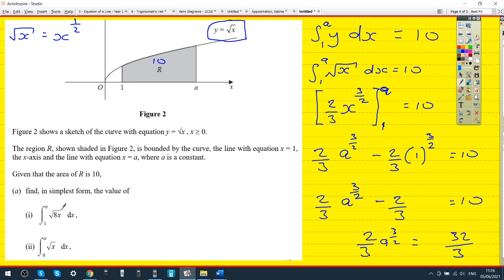All right, integrate square root of 8x. So the square root of 8x becomes 8 to the half x to the half. So what's the integral of that?